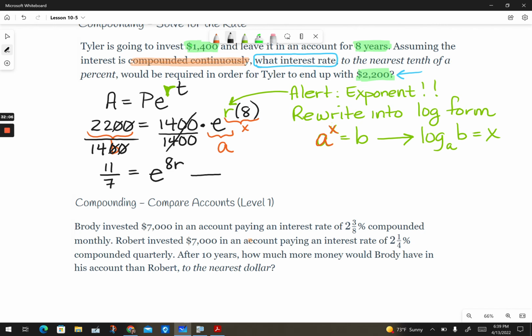And then I have to equal it to my exponent, which is 8 times r. Now, log base e, hopefully you remember this, is just natural log. So anytime you have log base e, the irrational number, just write it as ln.